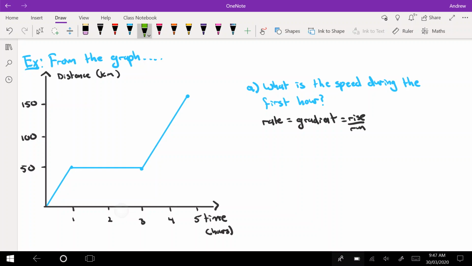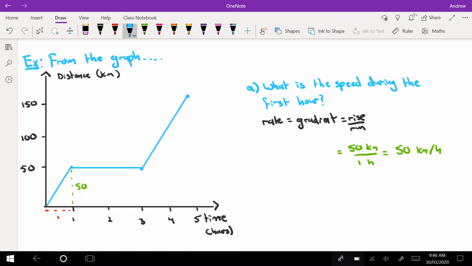Well, my rise in this situation is going to be this here, which is 50. My run is 1. Okay, so therefore, that's going to give me an answer of 50 kilometers over 1 hour, which equals 50 kilometers per hour. So that is my speed for the first hour.